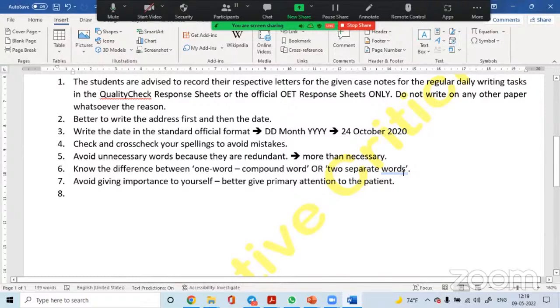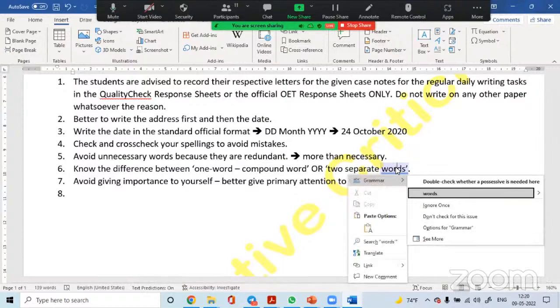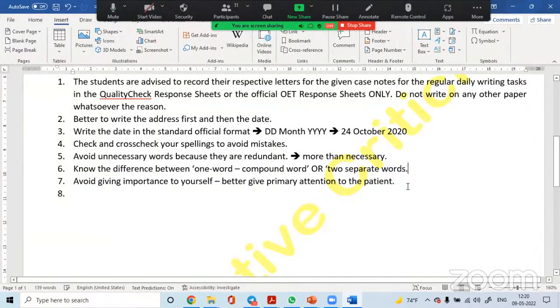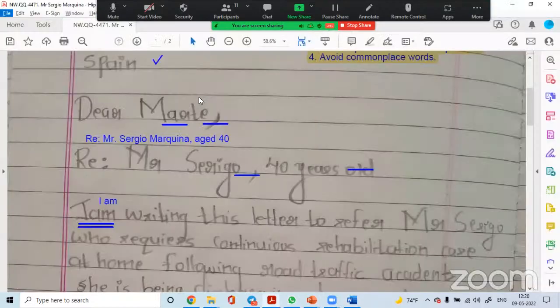So, demand of the OET. So, patient is more important. Then next, writing this letter.